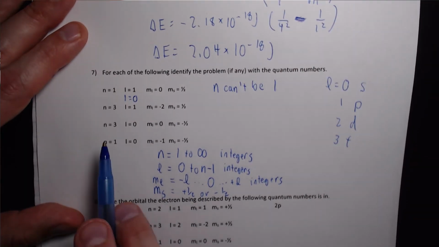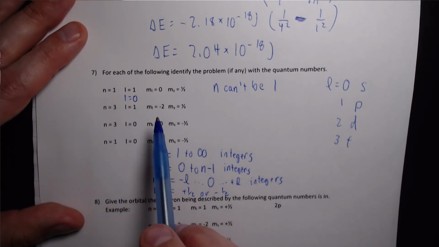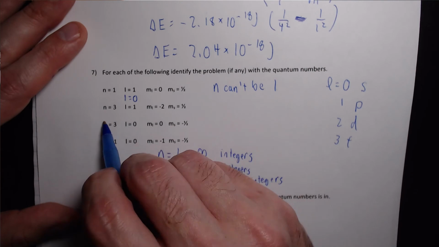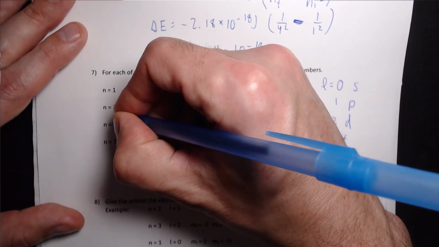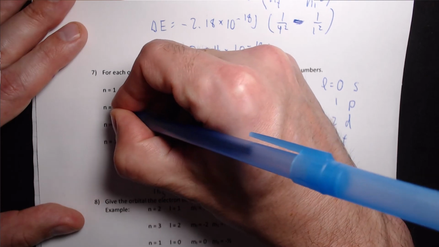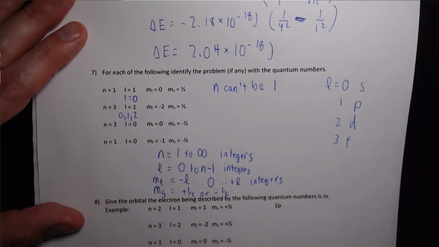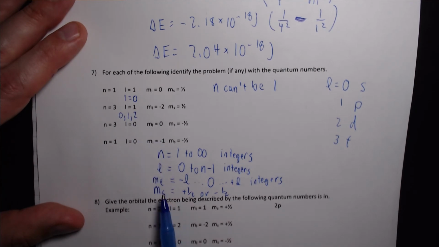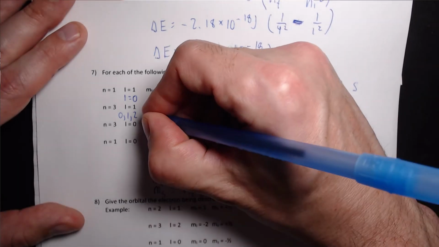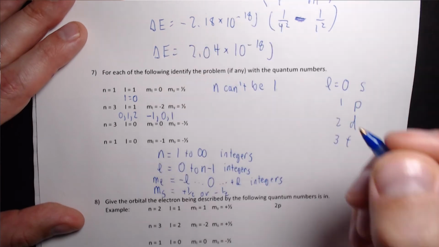So the problem here is n can't be 1. Let's look at the next one. If n equals 3, L equals 1. Is that possible? Yes, because if n equals 3, L could be 0 to n minus 1: 0, 1, or 2. 1 is a possible value. If L equals 1, what are the possible values of m sub L? m sub L is negative L through 0 to positive L, so m sub L could be negative 1, 0, or 1.